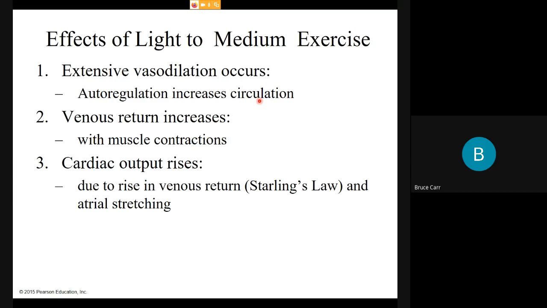You know that a brisk walk might cause you to breathe a little harder, whereas picking up hay bales or manually raking the yard might cause you to breathe quite a little bit harder. As this venous return increases, we get Starling's effect, the expansion of the right atrium. With these muscle contractions, we get greater stroke volume and an increase in cardiac output.